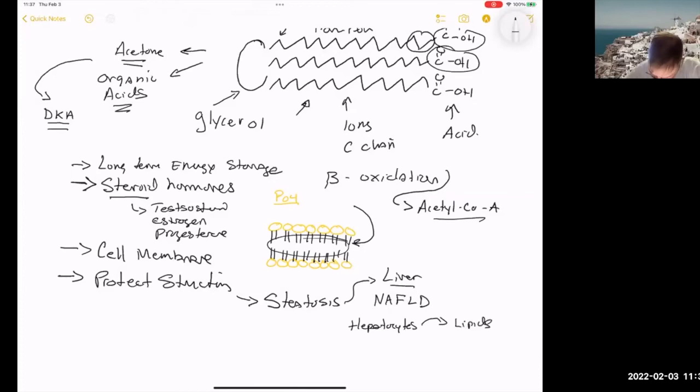And this is steatosis. And so this is sometimes called non-alcoholic fatty steatosis. And so normal cells get turned into fat, and then that causes lots of inflammation.